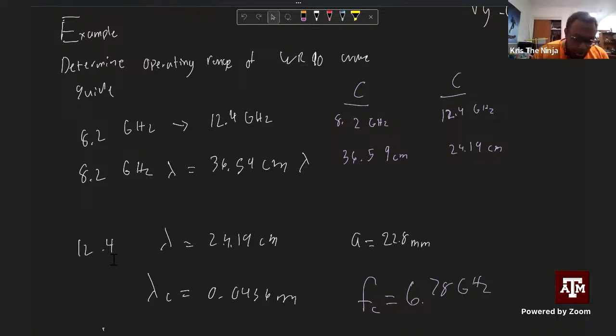Let me see if I can do this another way. 8.2 divided by 1.5. Oh, wait, no, not 7.8, 6.58.